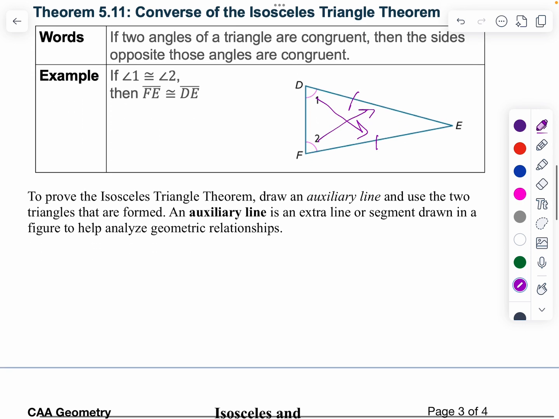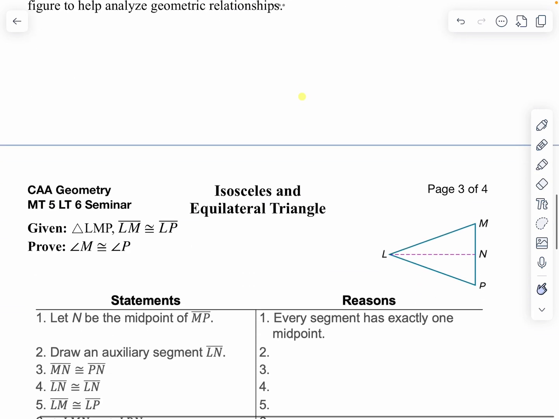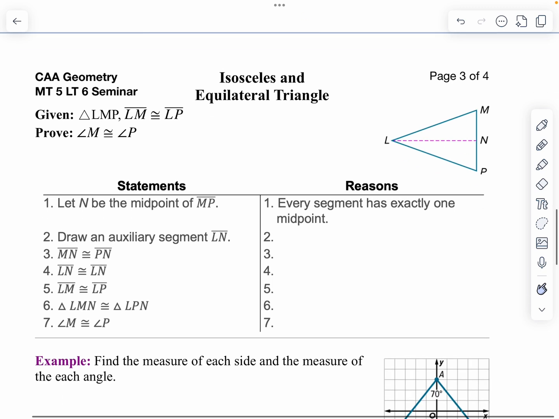We can do a proof by an auxiliary line. We used an auxiliary line when we proved the angles of a triangle add to 180, usually with the parallel postulate. Here we're just going to draw in any line, and that's what we're going to do in this first example.